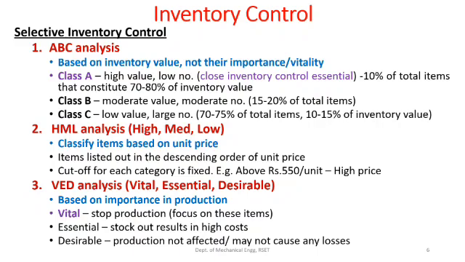There might be say 1,000 different items kept as stock in a company. You list them in descending order of their individual unit price. So the one that has the highest individual unit price is at the top of the list, and the one that has the lowest individual unit price is kept at the bottom of the list.